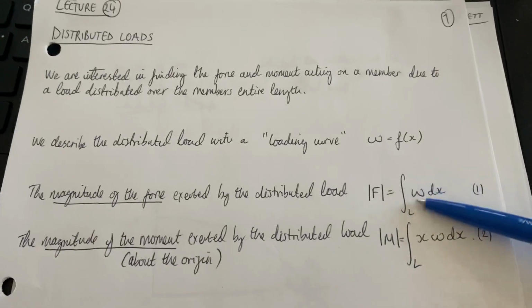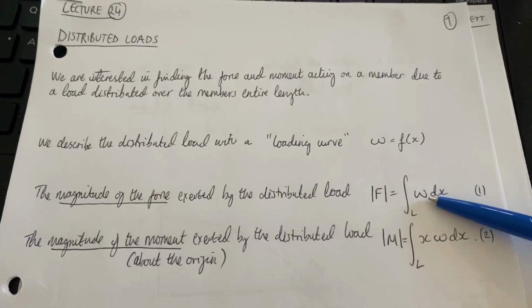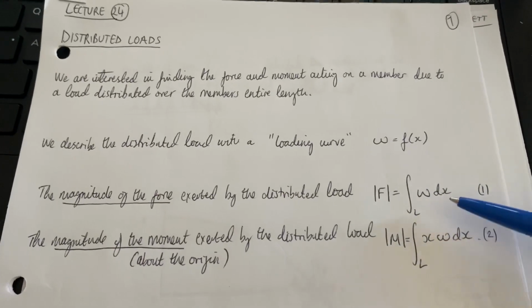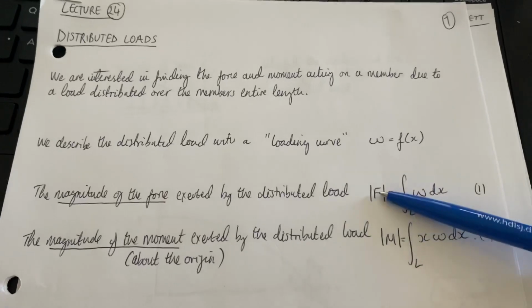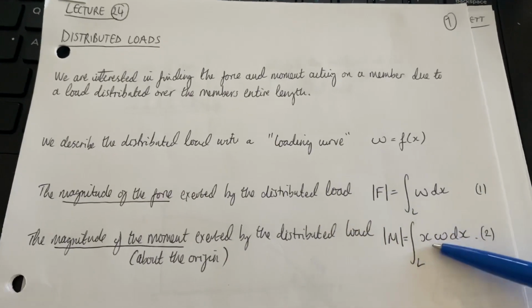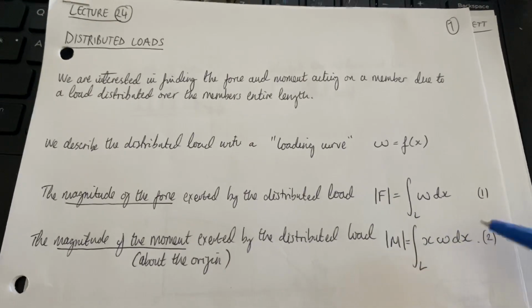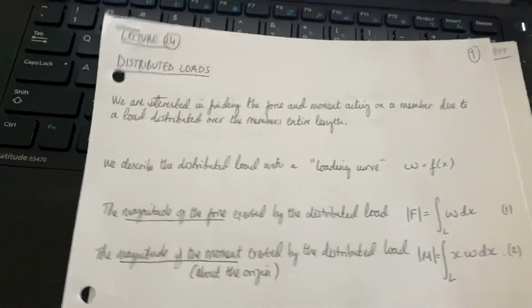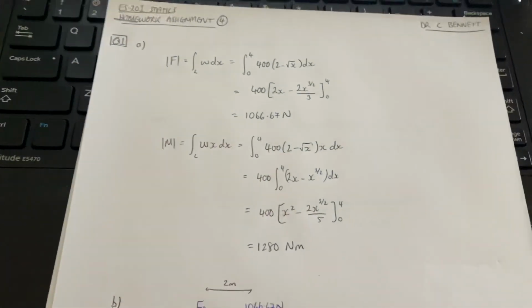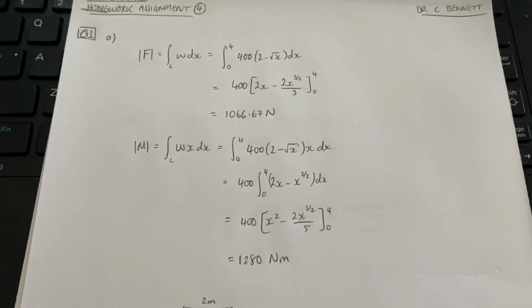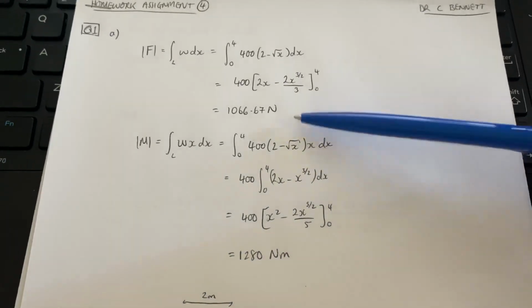So if we know the load curve, w, then we can just integrate it with respect to x to get the force magnitude, and then multiply it by x and integrate it with respect to x to find the moment. So pretty sure that 99% of you managed to get these 2 answers here.